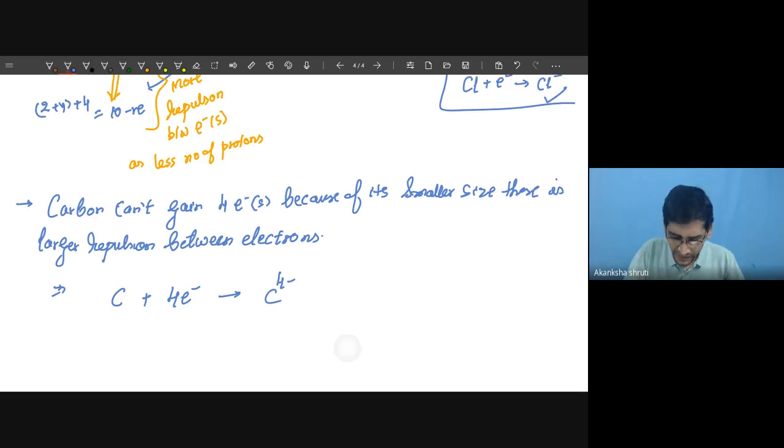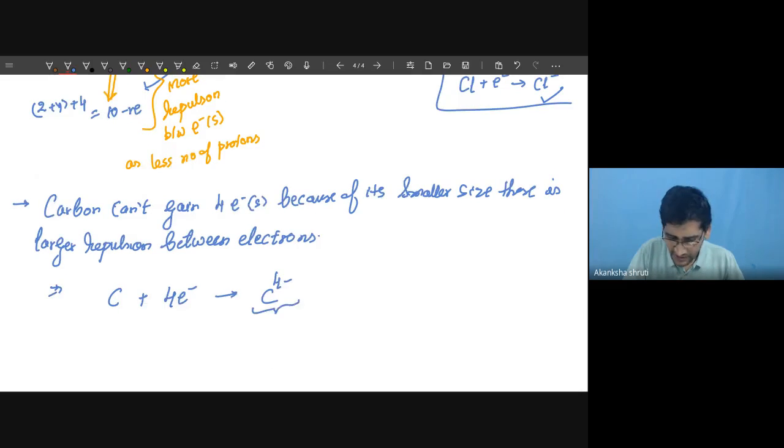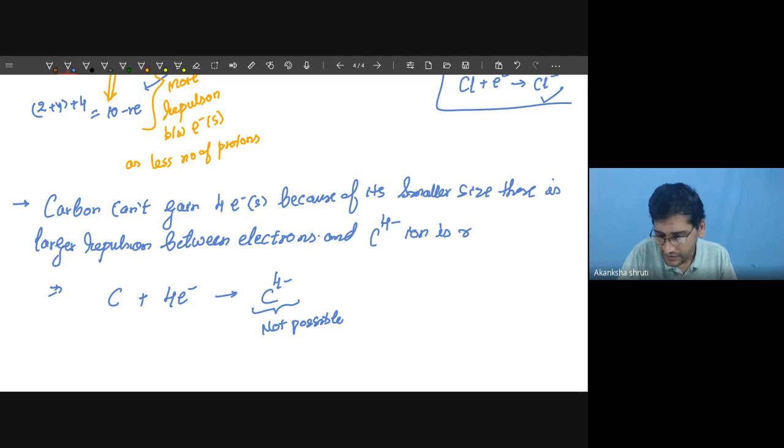Get it? So therefore this is not possible. Ready? So carbon cannot gain 4 electrons because of its smaller size. There is larger repulsion between electrons, and the C4 minus ion is not possible.